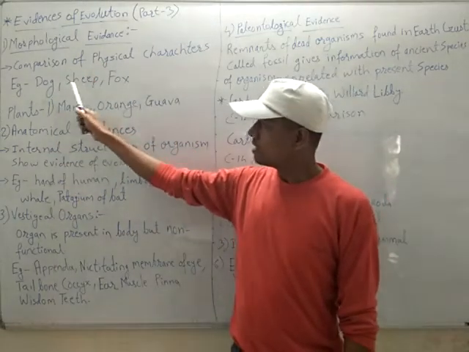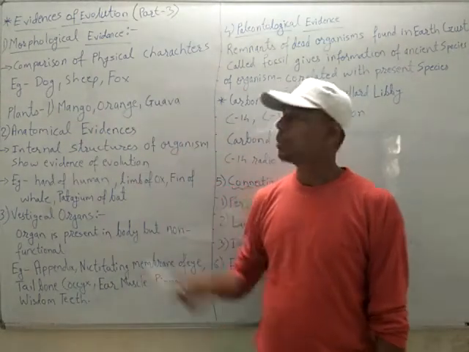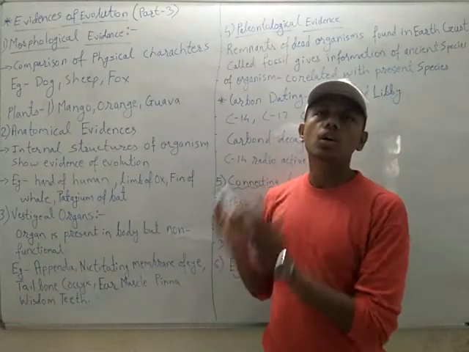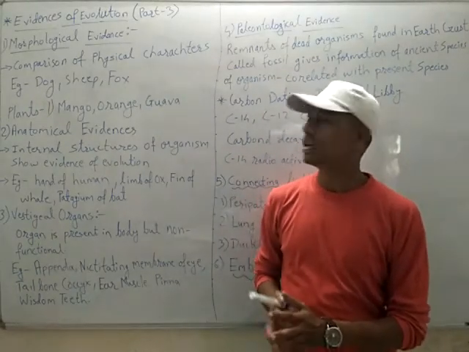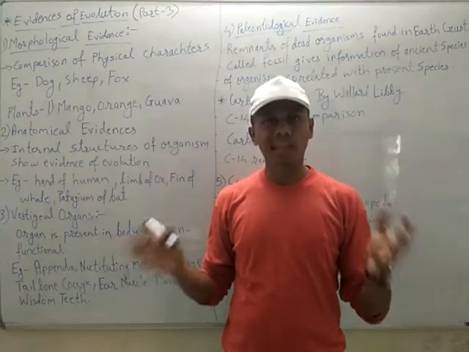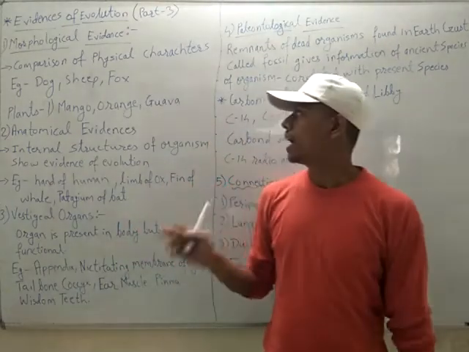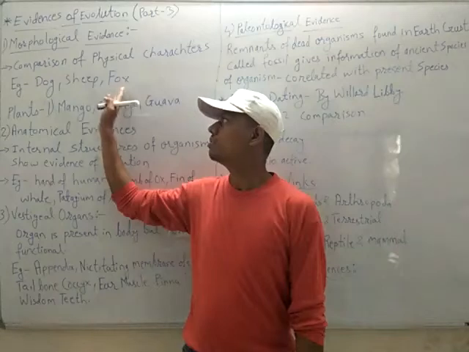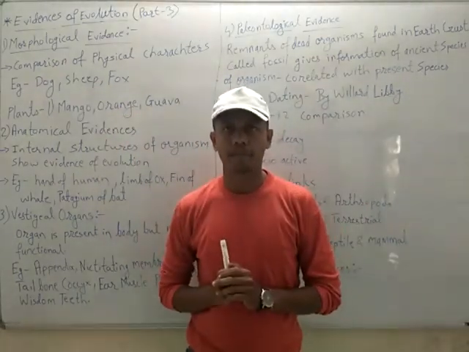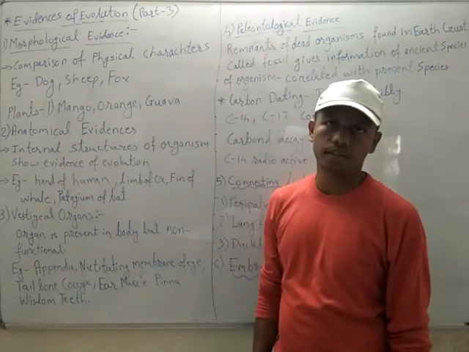These similarities among the animals suggest that all these organisms evolved from one common ancestor. One common ancestor evolved into different species due to different environmental conditions, but the origin of these organisms is the same. That is why they share these similar characters.